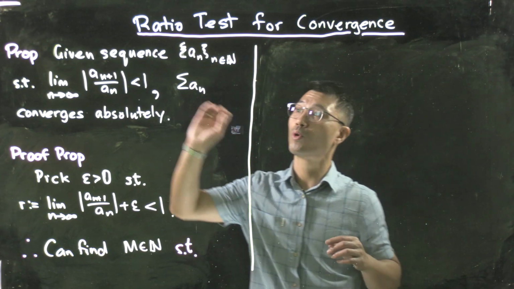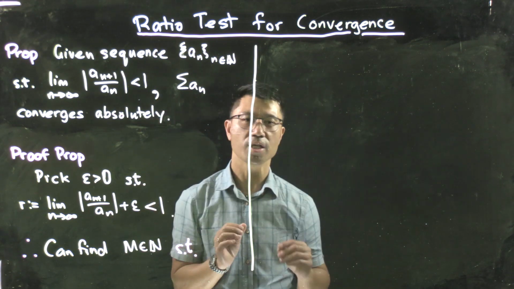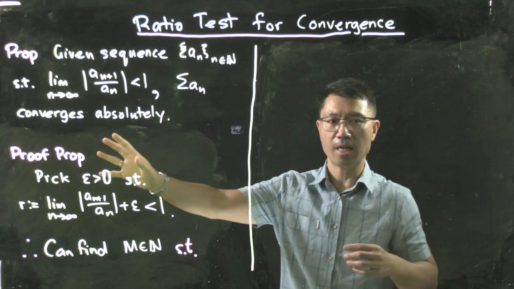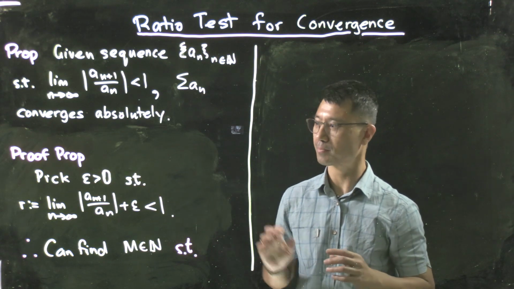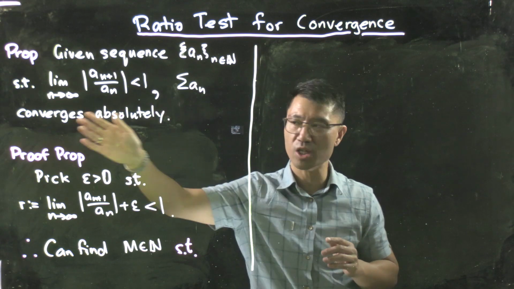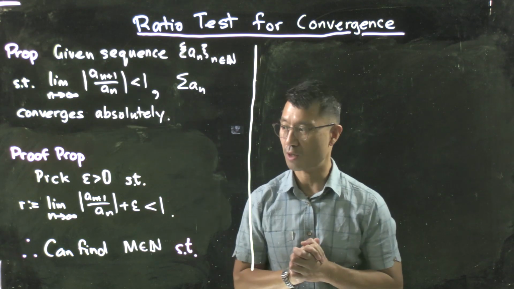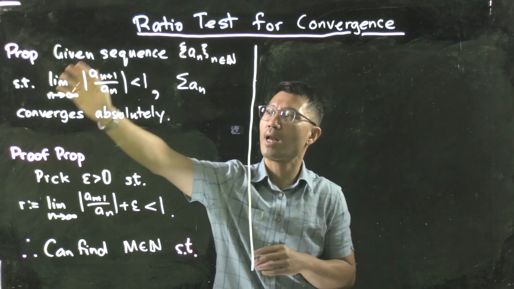Okay, so now let's prove this proposition. This proposition is proved by a classic epsilon type argument, which goes as follows. Firstly, we're going to have to use this condition here on the limits of the absolute values of these ratios. Okay, so what does a limit mean?